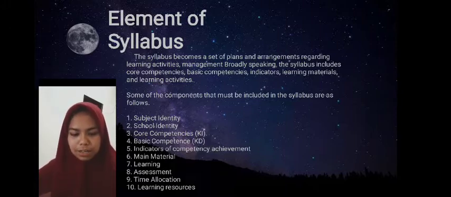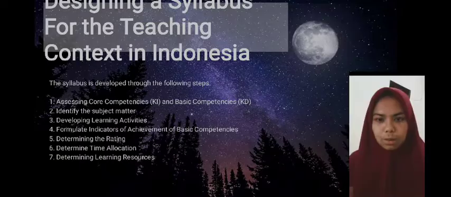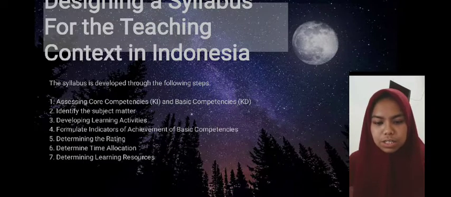2. Identify the subject matter. The things that need to be considered in identifying the main material for the achievement of basic competencies are as follows. 1. Potential of students. 2. Relevant to regional characteristics, level of physical, intellectual, emotional, social, and spiritual development of students. 3. Benefit for students. 4. Scientific structure. 5.